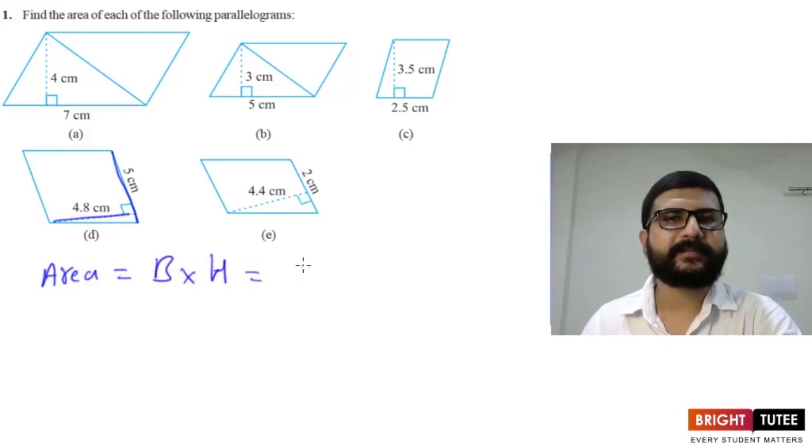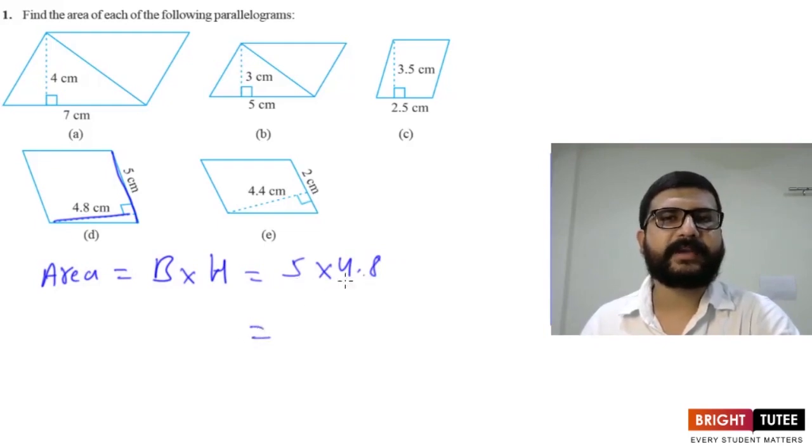So the area will be equal to 5 into 4.8 square centimeters. Now what will be 5 into 4.8? It will be 24 square centimeters. So we got the area of the parallelogram as 24 square centimeters.